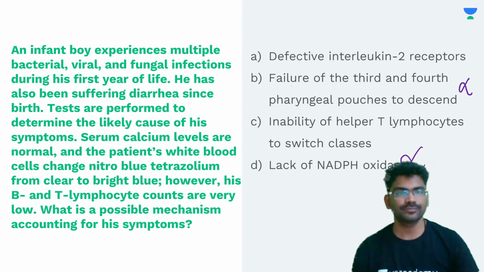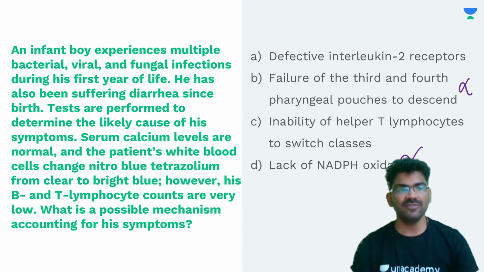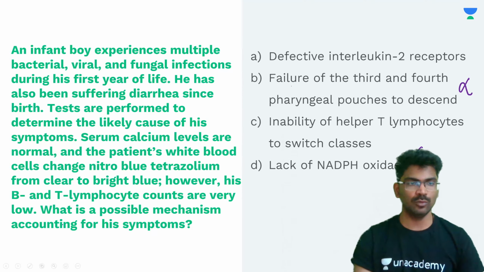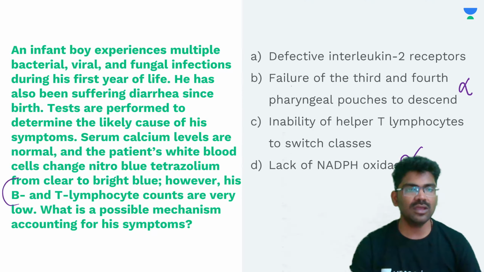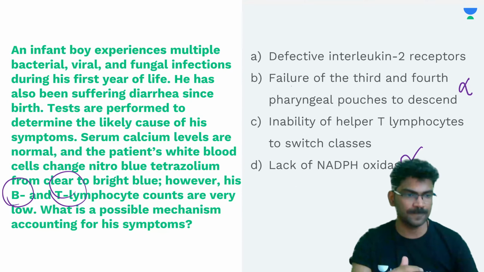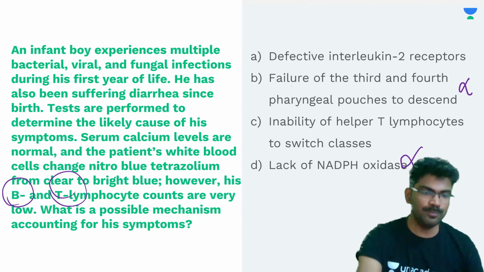Right. Now, however, his B and T lymphocyte counts are very low. So both B and T are low. So what will we call it?